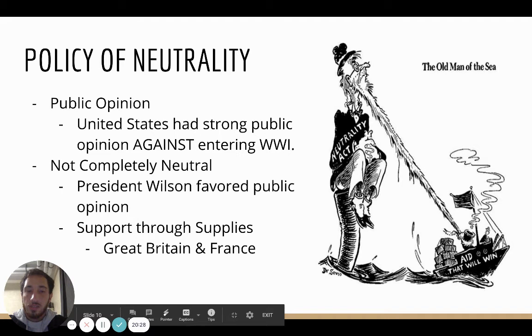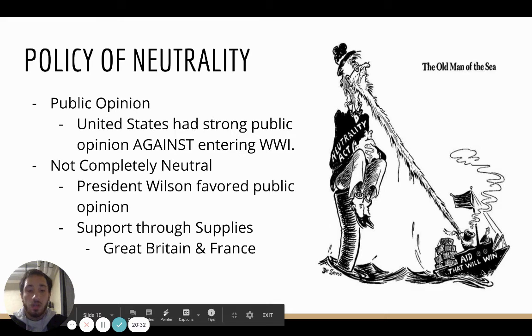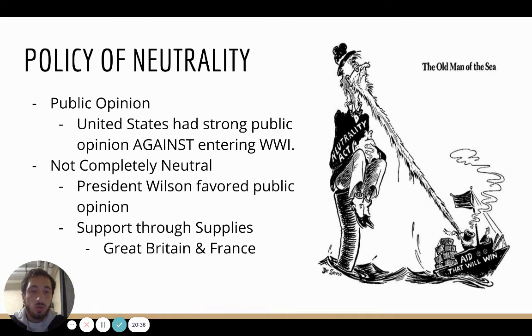So although the United States is remaining neutral, we were giving aid in terms of munitions, money. We weren't sending soldiers over because that, again, takes us out of neutrality, but we were giving our allies such as Great Britain and France and Russia supplies and munitions and anything that they really needed to help them win.